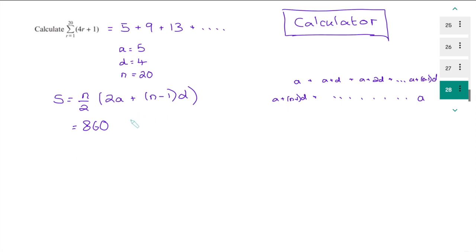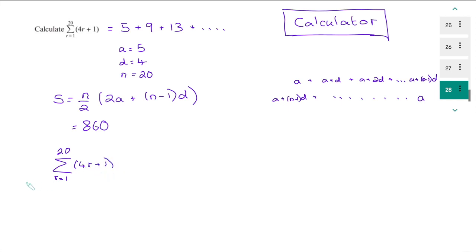Okay, I did say I'd talk about this a slightly different way, and I'm not sure whether this is going to crop up in exam questions. We'll have to see when we start looking at exam questions, but I just want you to think about the fact that what we're doing here, we're adding from 1 to 20 of 4r plus 1.